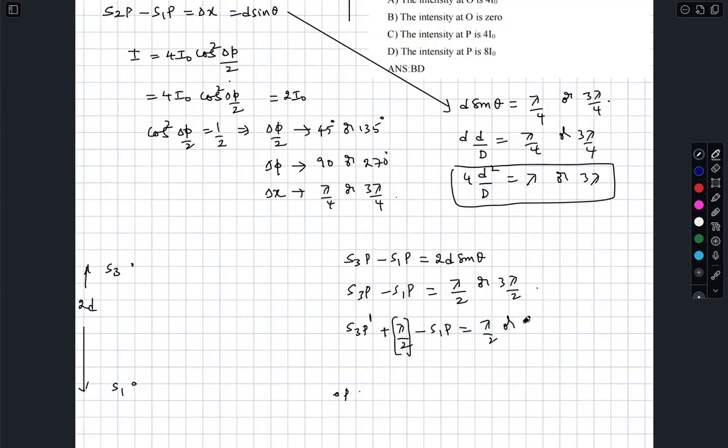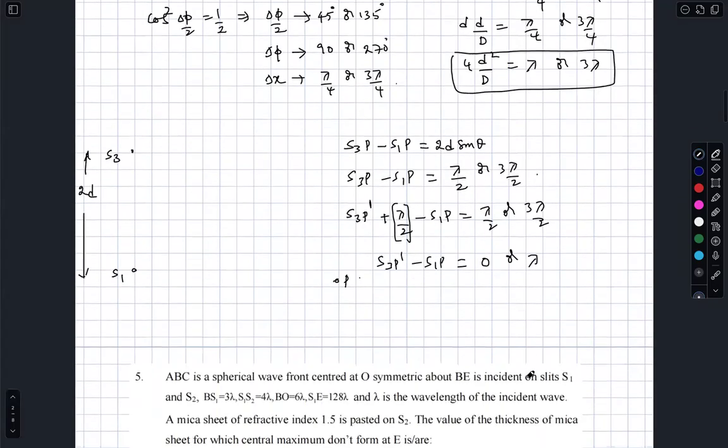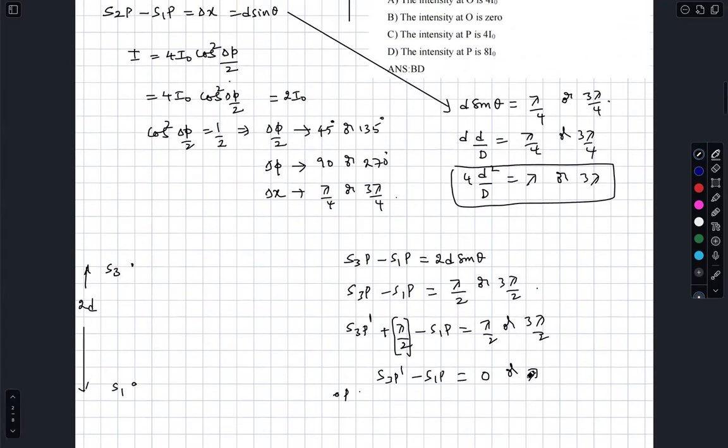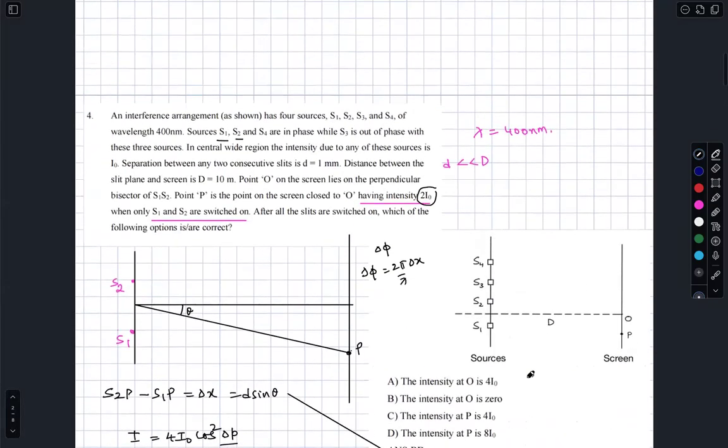Lambda by 2 or 3 lambda by 2. So therefore, the effective S3P minus S1P can be written as 0 or lambda, but they meet constructively, that's for sure. My goodness, I have done 50% of the problem. Yeah, we require one more point. Same S4P.